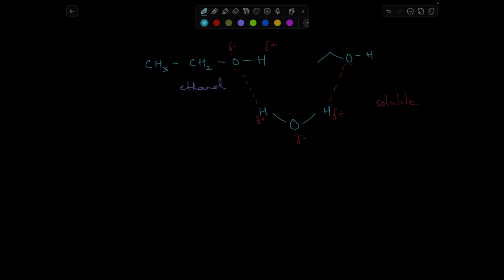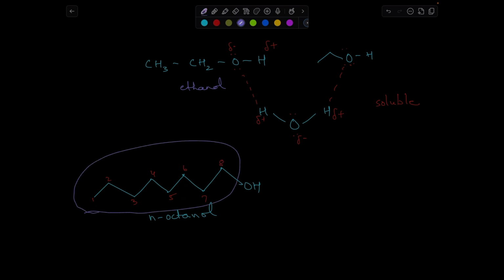Let's consider an alcohol with a long chain of hydrocarbons, say n-octanol. It has 8 carbons, and so this is the hydrophobic part, and this is the hydrophilic part.